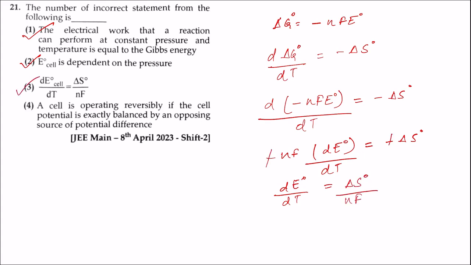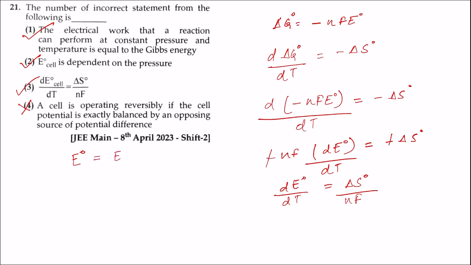A cell is operating reversibly if the cell potential is exactly balanced by an opposing source of potential difference. This statement is wrong. It means the cell potential is equal to the external source of potential difference.